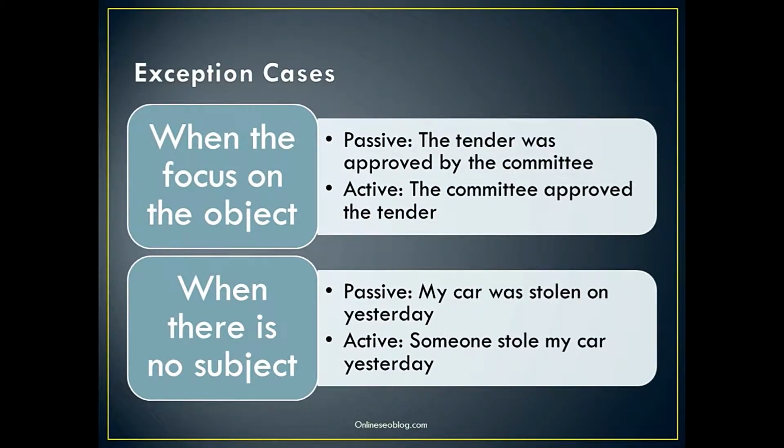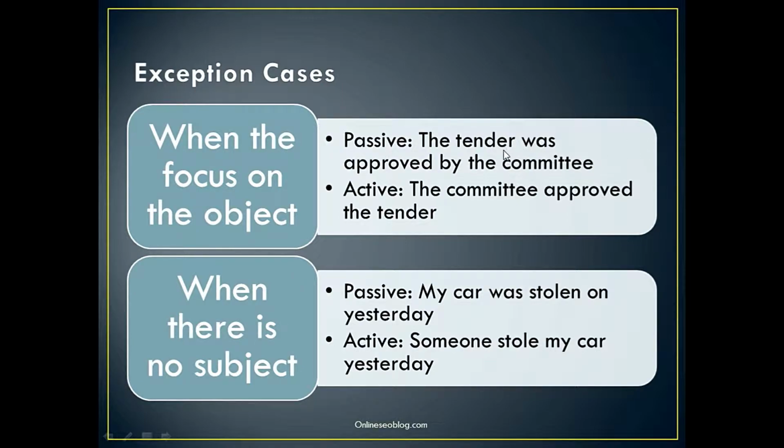When the focus is on the object. Let's read the sentence: the tender was approved by the committee. Now tender is the object to which something is done, and the committee is the one who does it. Here the emphasis was on the tender.